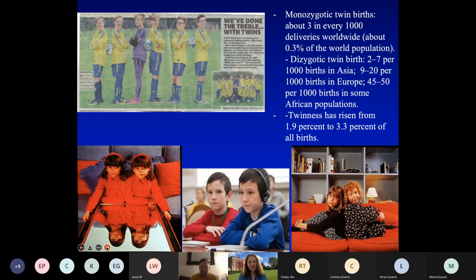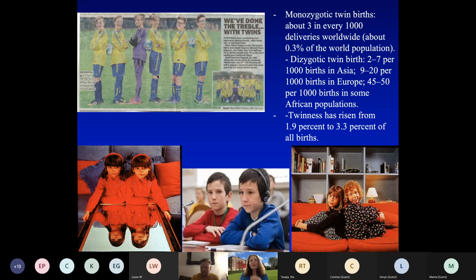Here you're looking at some examples of twins. At the bottom, you're seeing monozygotic twin girls and monozygotic twin boys. We have a dizygotic twin pair here. And at the top, I have this cutting from an English newspaper where, just by chance, they ended up with three sets of monozygotic twins in a local football team.